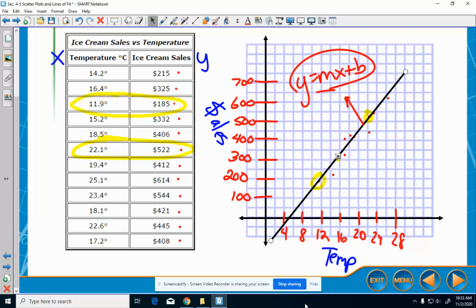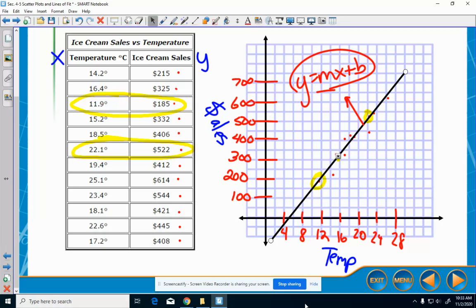If I take my slope of 33.04 and multiply it by 22, and then put in my y-intercept, which is minus 208.176, and I hit enter, it says that I should make about $518.70.